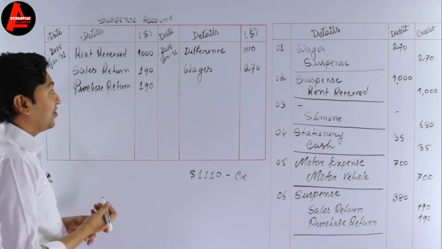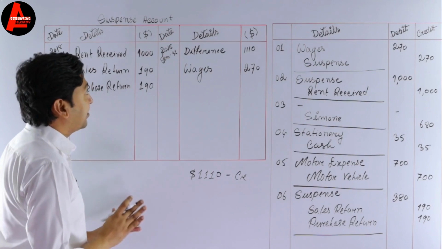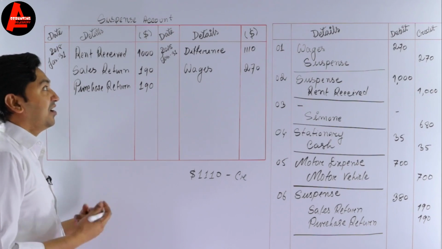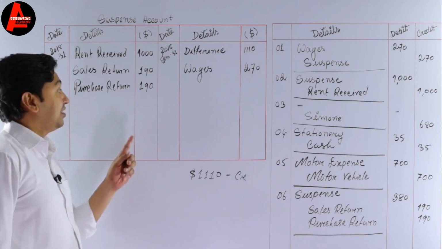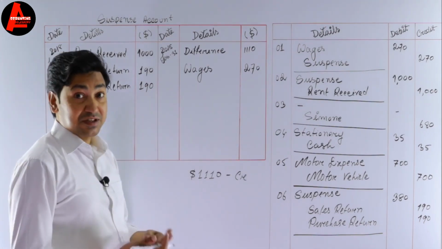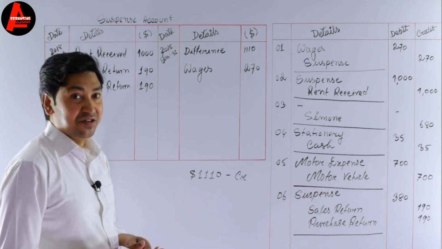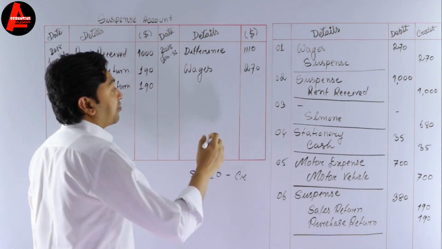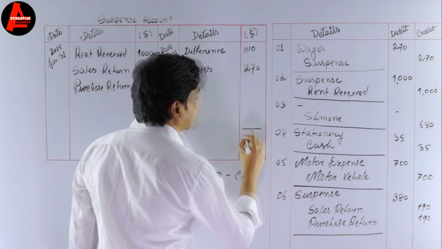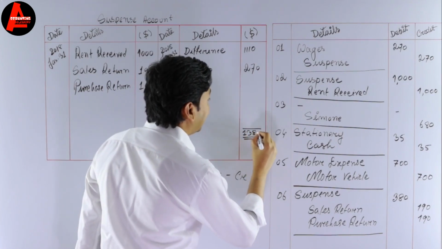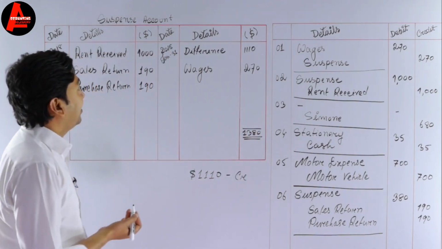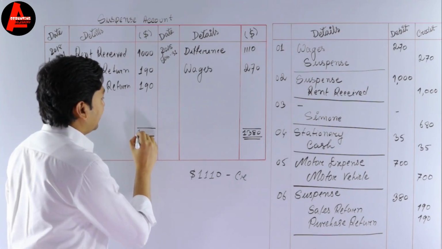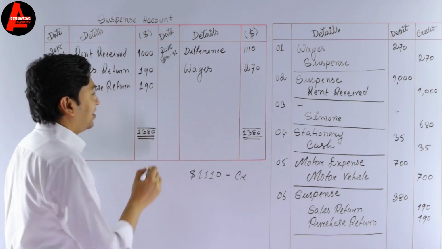We have completed writing all the suspense related transactions here in this suspense account. Now we have to balance it. This credit side and debit side must be same if there is no mistake remaining. Let us check what we get here. If we add on the credit side, we get $1,380, and here if we add, we get the same amount, $1,380.